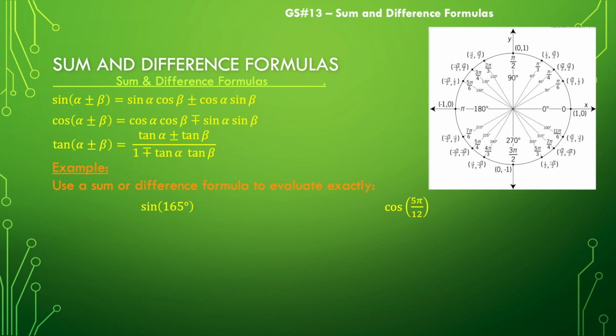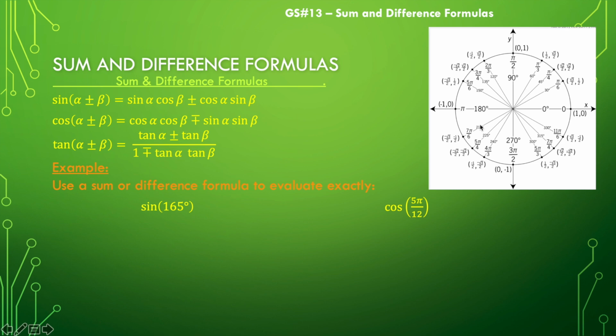That would work. Well, what if I go back to 120 degrees? Oh, I think that works too, because I could express the sine of 165 degrees as the sum of 120 degrees plus 45 degrees. I know both of those.